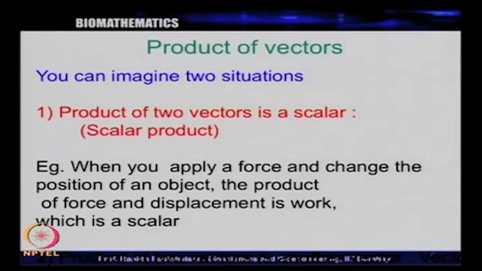For example, when you apply a force and change the position of an object, the product of force and displacement is work, and the work, or energy, is a scalar. So, the product of force and displacement is an example of something called a scalar product, where the product is a scalar. What is an example where the product is a vector?